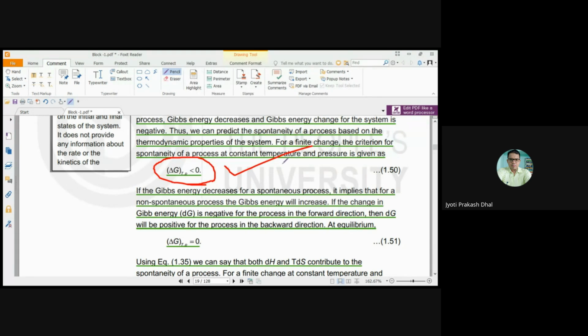And exactly similar derivation we have studied: the criteria for spontaneity of a process carried out at constant temperature and constant volume was ΔA at T, V less than 0. Both the equations are exactly the same.